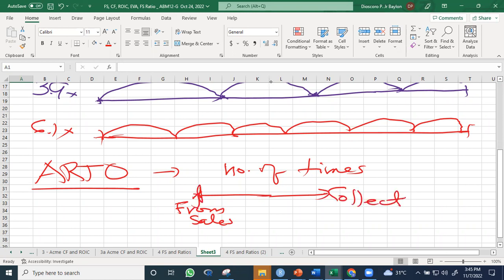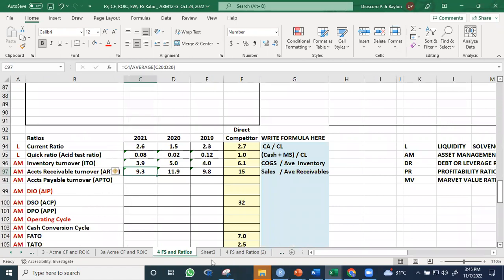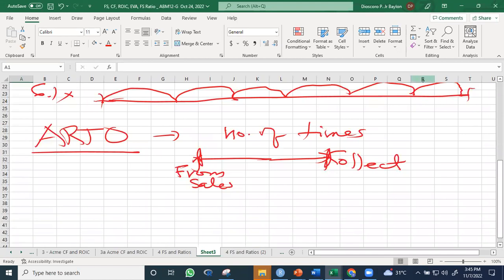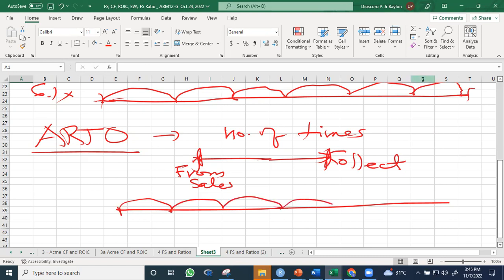From the sales to collection, how many times is a company able to do this? So for our microdrive, 9 times. So let's draw that. 9 times yun. So from sales, collect 1. From sales again, 2, 3, 4, 5, 6, 7, 8, 9. 9 something times.